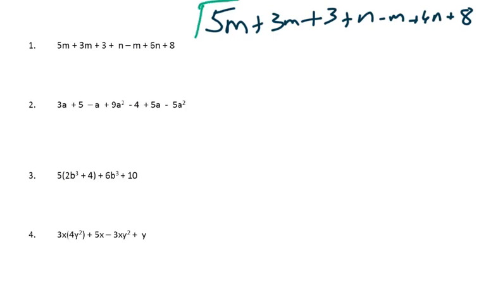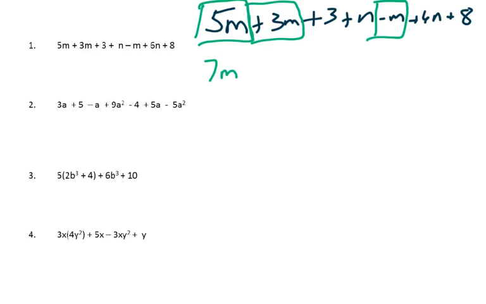So there's 5m, and there's my plus 3m, and then I have a minus m, and notice I include the sign that comes before the term. So that's all my m's. So now what I'm going to do is combine all the m's together, okay? So 5m plus 3m is 8m, minus m is 7m. So I'm going to write that down, 7m.